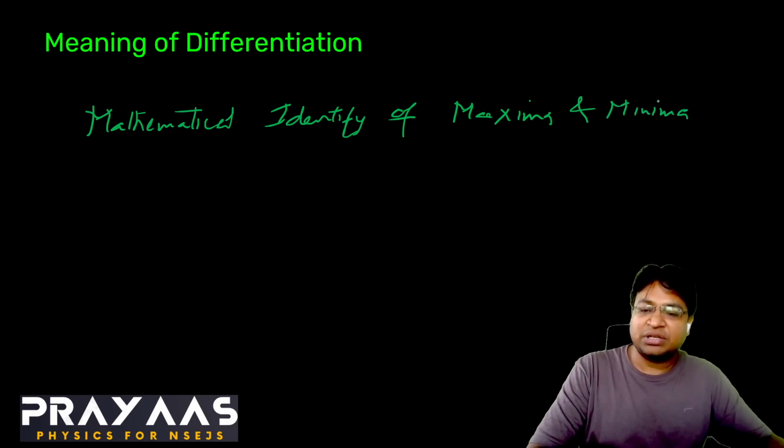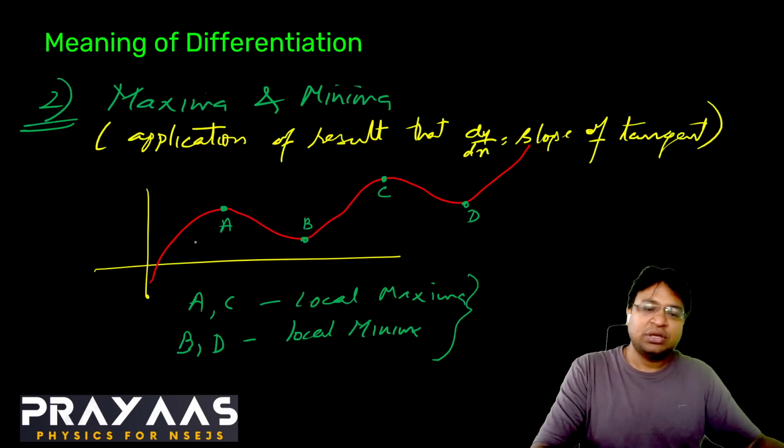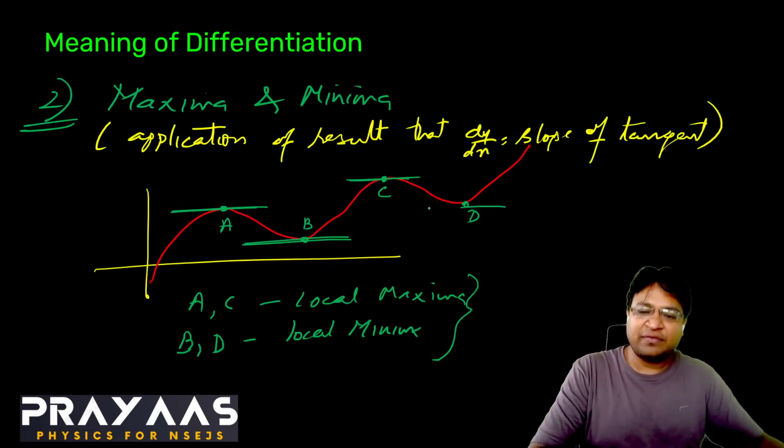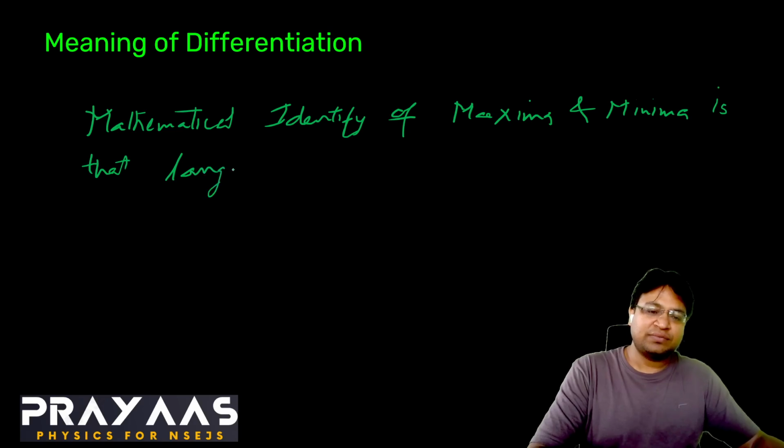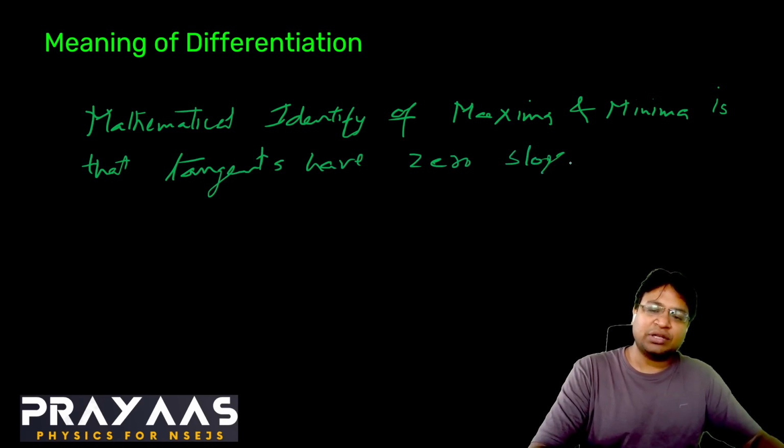The mathematical identity of maxima and minima is that, notice, at these points the tangents have zero slope. At no other point does the tangent have zero slope.